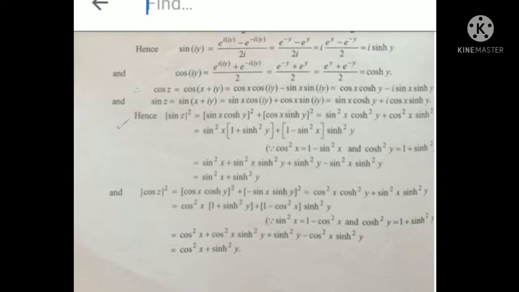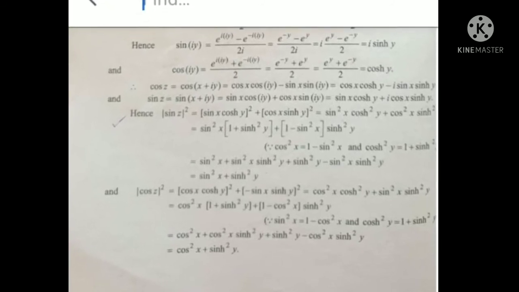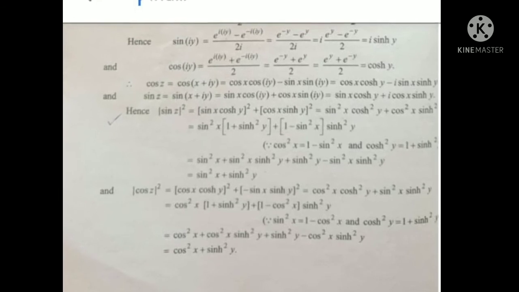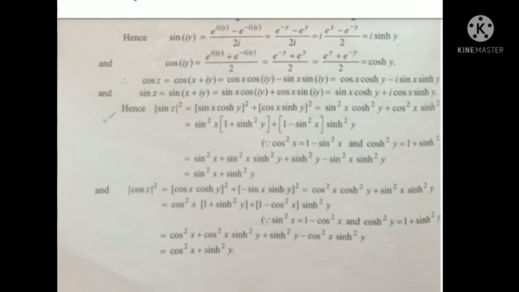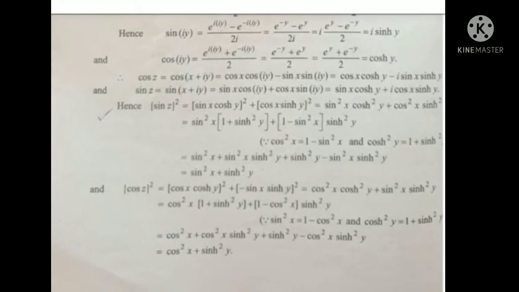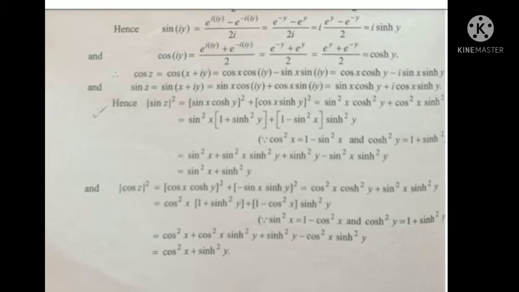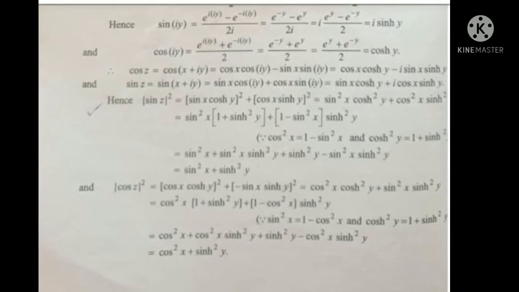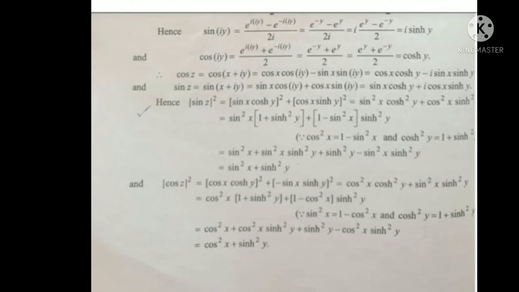And sin z equals sin(x + iy), that's equal to sin x cos iy + cos x sin iy, which is equal to sin x cosh y + i cos x sinh y.